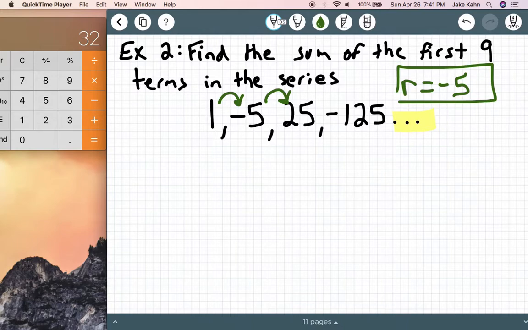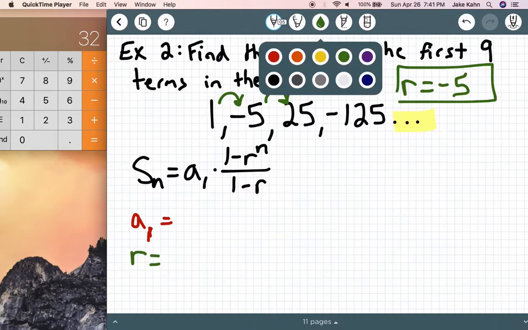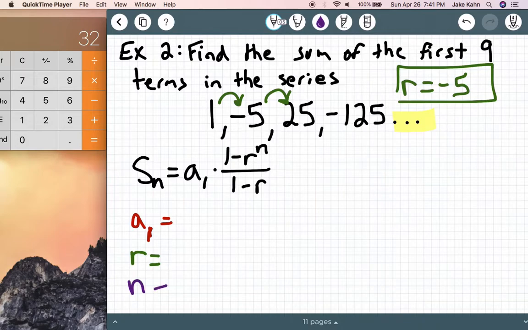Let's write out our formula for finding the sum of a geometric series once again. The formula is Sn equals a1 times 1 minus r to the n power over 1 minus r. And now we find what a1, what r, and what n are equal to. So we can plug it into this formula and solve, just like we were doing before.